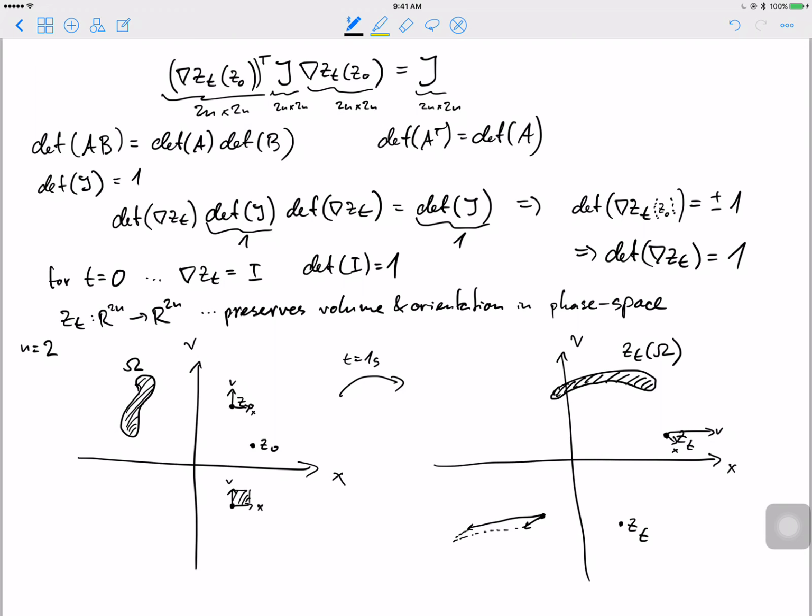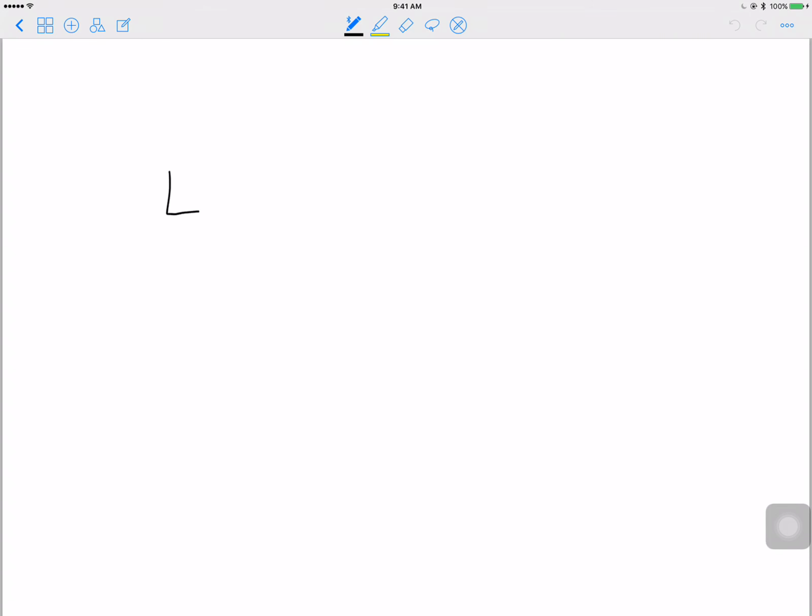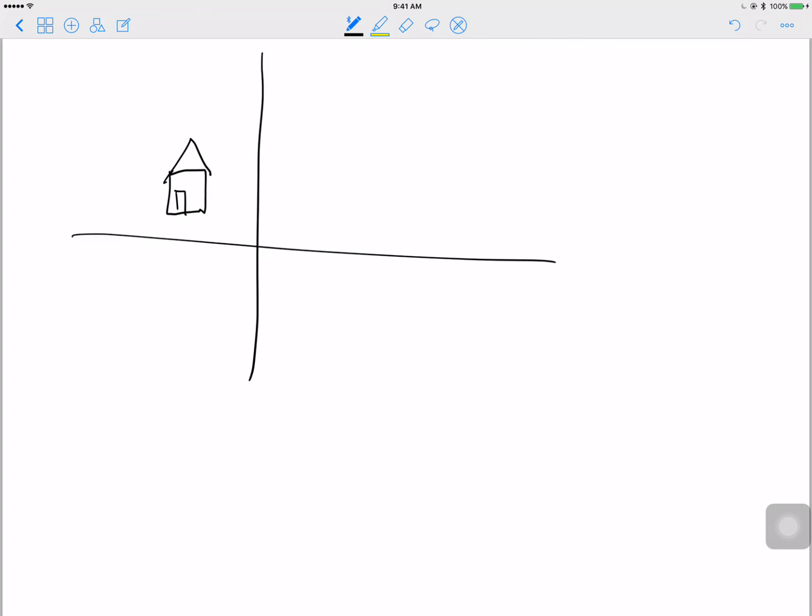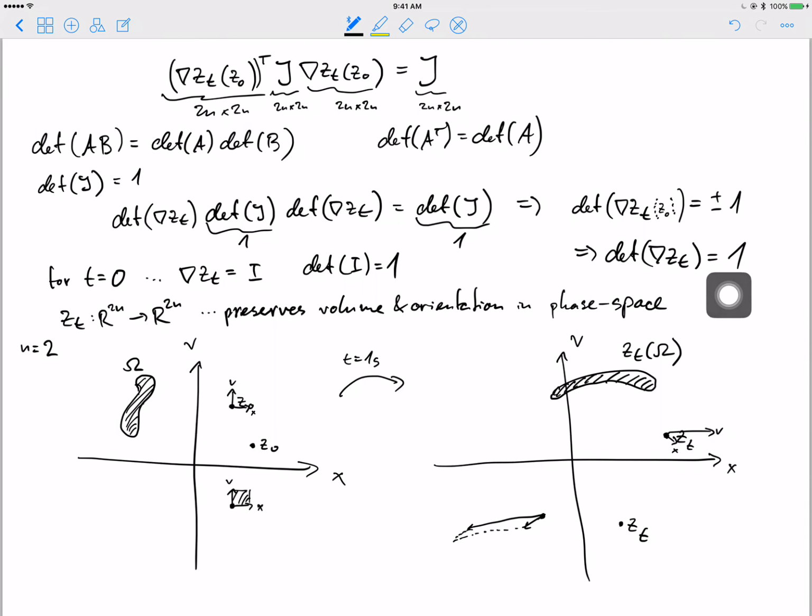Okay, very quickly, because we need to finish, if I have a little house here, and I apply a mirror transformation, the house gets mirrored, let's say the chimney here gets mirrored like this. So this thing actually flips the orientation. So symplecticity implies it must not be flipping. It needs to be orientation preserving.